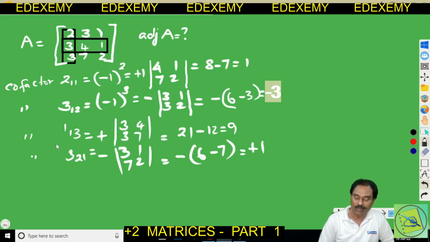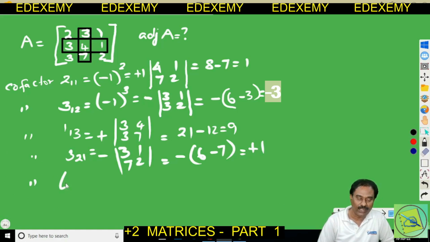So the next number 4, which is in the second row, second column. Like this. It is in the second row, second column. Therefore, the remaining numbers are 2, 1, 3, 2. Therefore, here cofactor of 4, second row, second column.